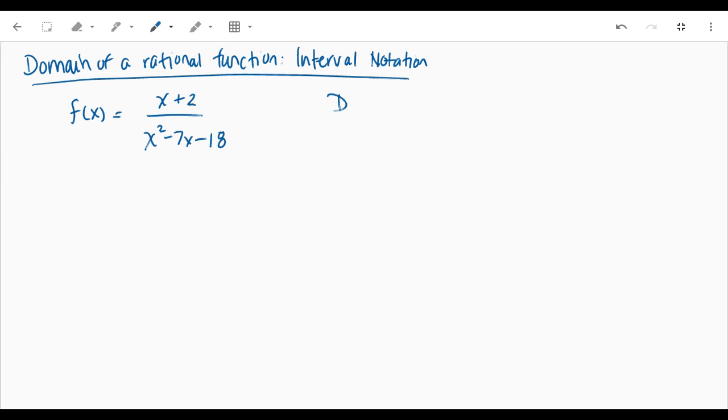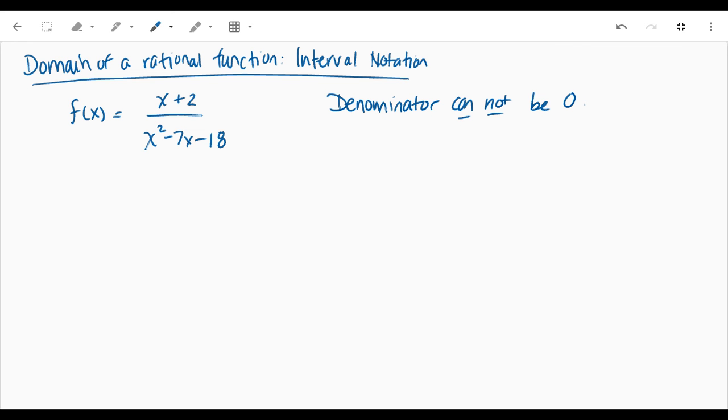The denominator cannot equal 0. The numerator can. So negative 2 for x would be okay in this example, just as long as negative 2 won't also make the denominator 0. So we can basically just ignore the numerator.